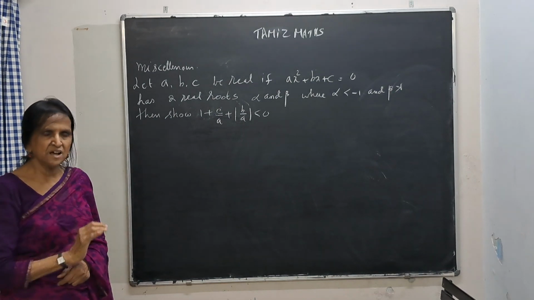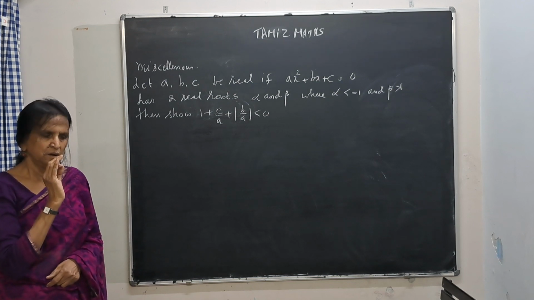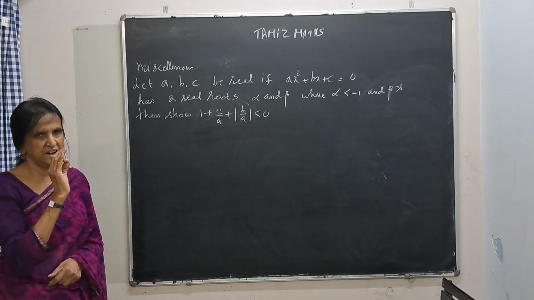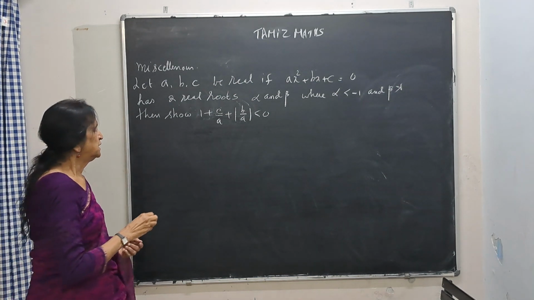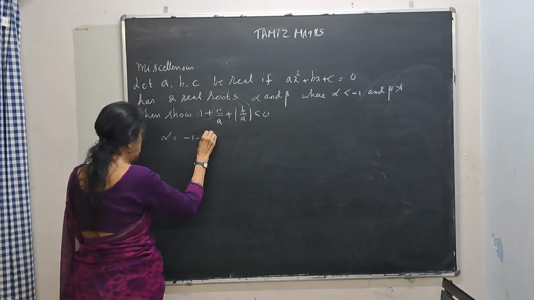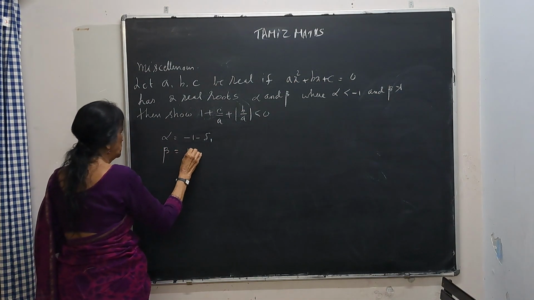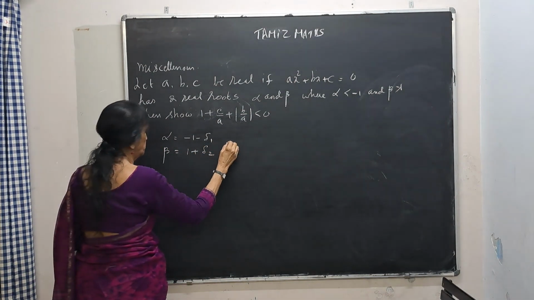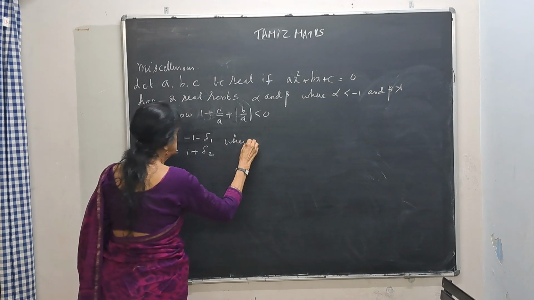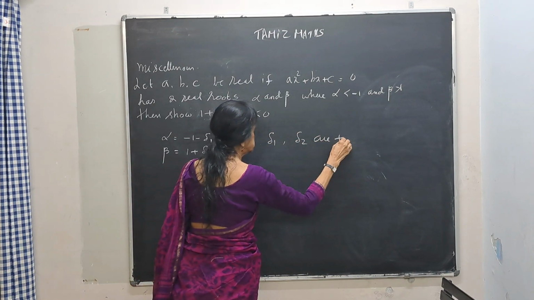I am just starting it with a very simple refinement, I can say. Let us say alpha is minus 1 minus delta 1 and beta is 1 plus delta 2, where delta 1 and delta 2 are positive.